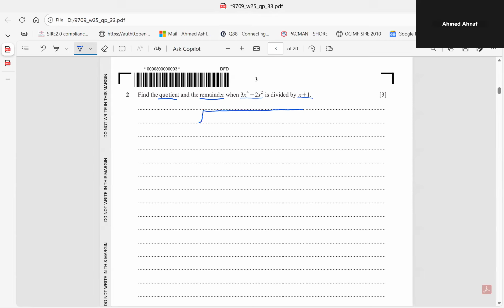We have the x to the power 4 term, so 3x to the power 4, and we don't have x to the power of 3, so we will add that and put 0 as the coefficient. We'll have an x squared term, which is minus 2x squared. For the x term, that's also 0x because there is no x term. And finally, we should put a constant term, which is 0.